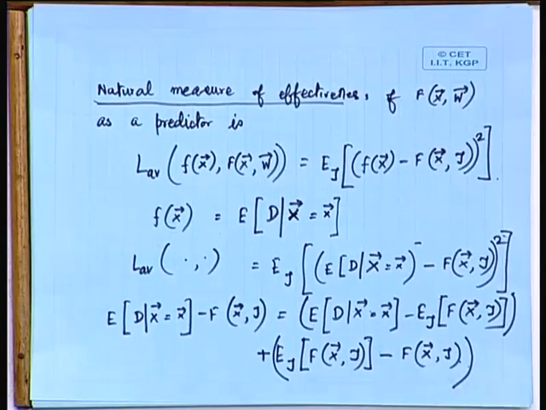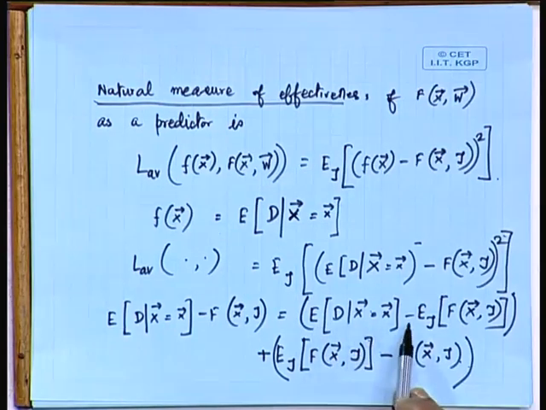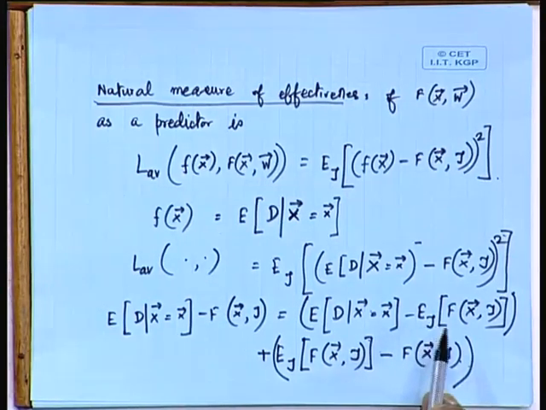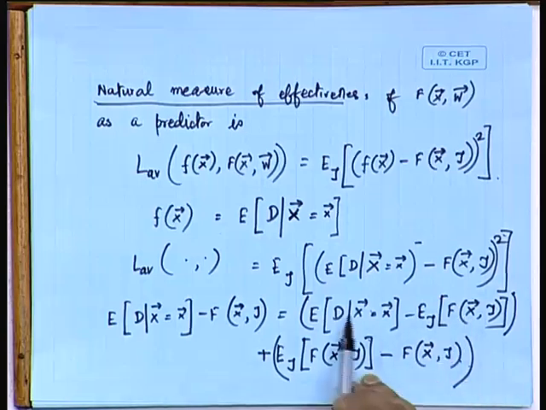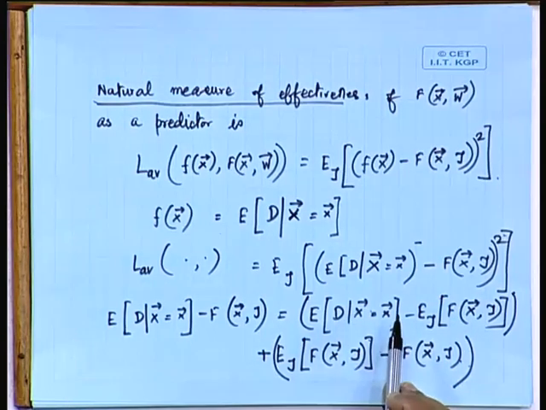One will be the A square term, that is to say this minus this, whole square. This minus this effectively is what? That is the expectation of d given x is equal to x, that is to say the regression function realization, minus E_T of f(x), that is the averaged value of the realized function. The difference between the two is nothing but the bias.